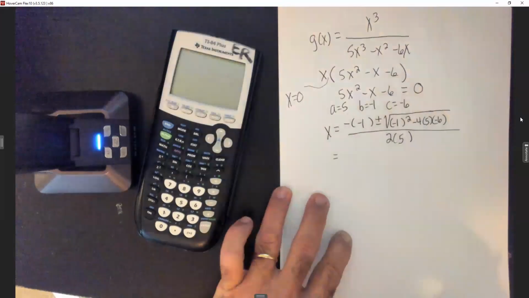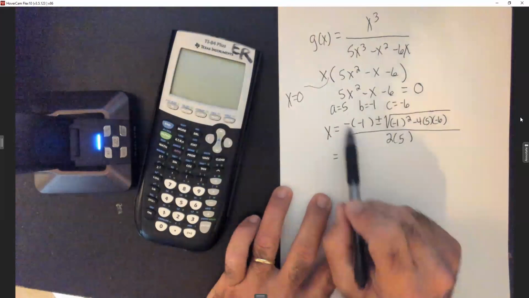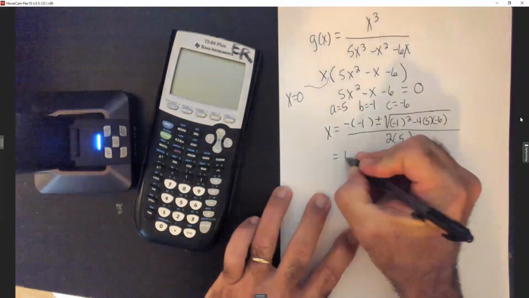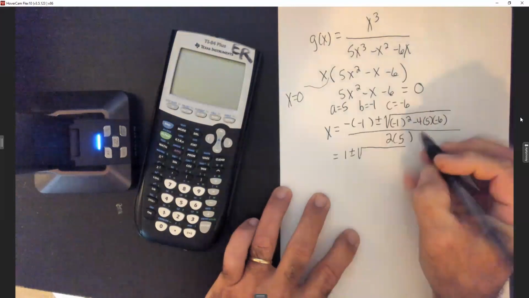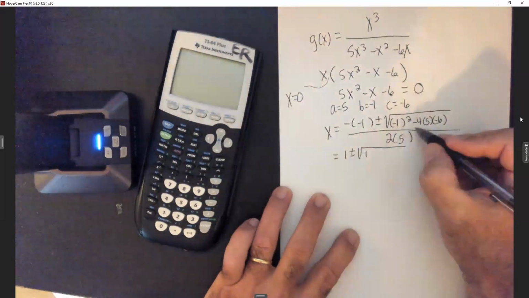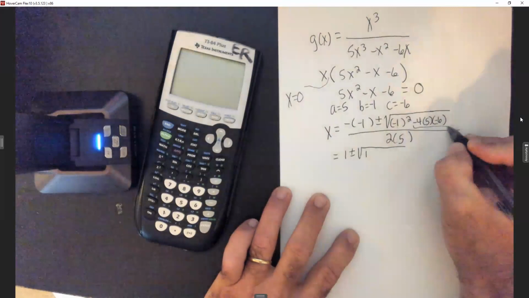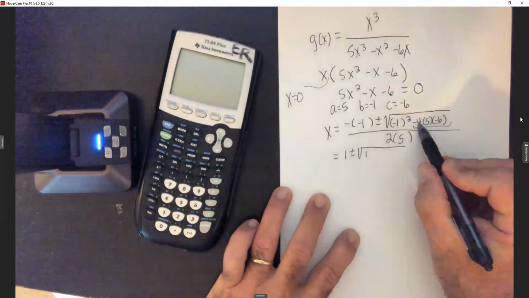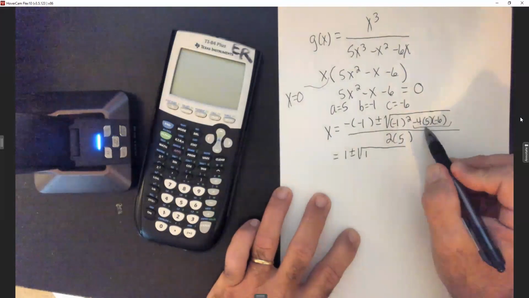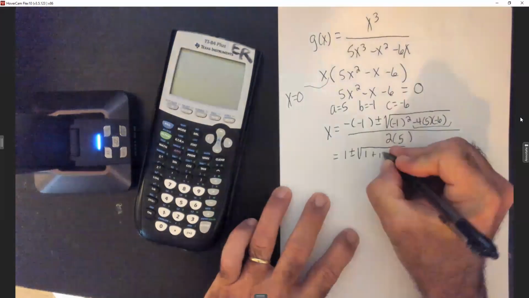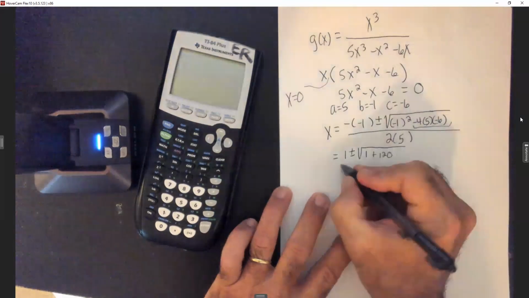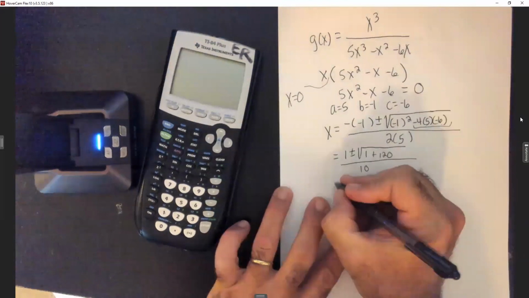So negative times negative makes that a +1, plus or minus -1 squared is 1. Now, this side all multiplies together. So -4 times 5 is -20. -20 times -6 is a +120. All over 2 times 5 is 10.